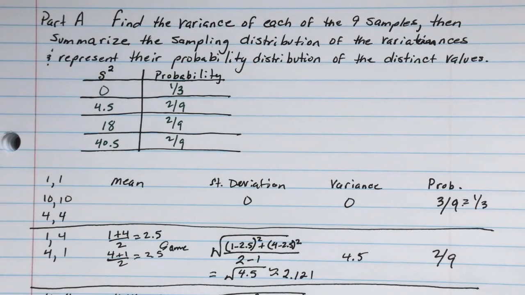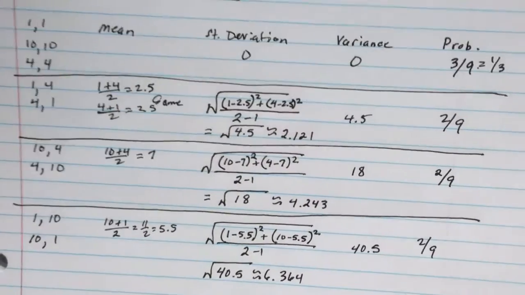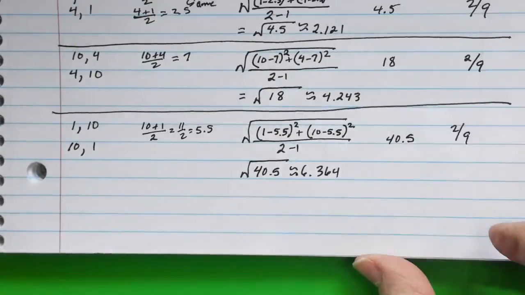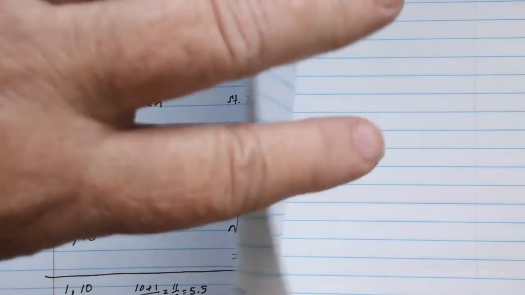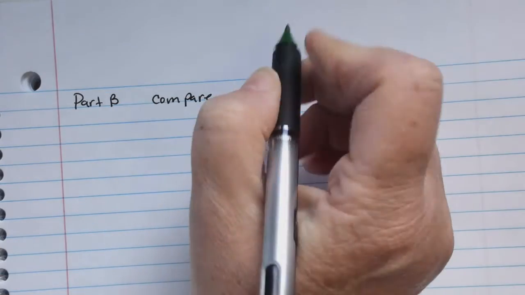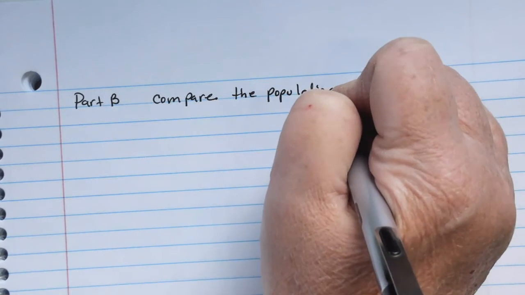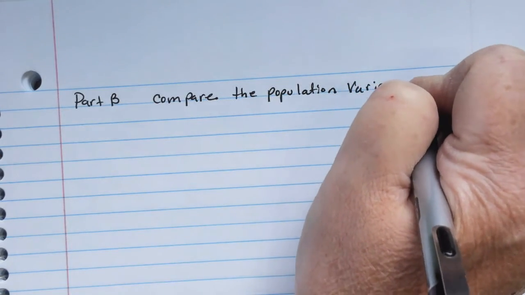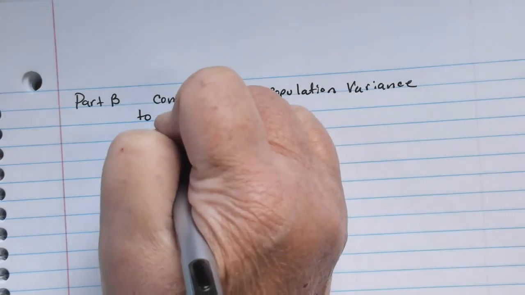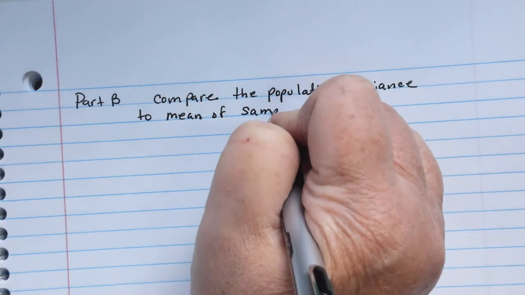Now, the next thing it asks you to do in part B is it wants you to compare the population variance to the mean of the sample variance.